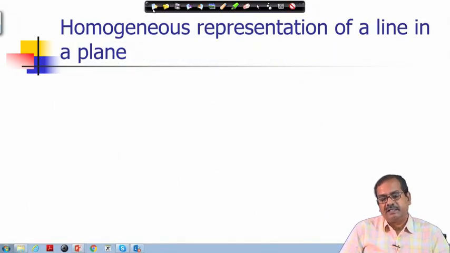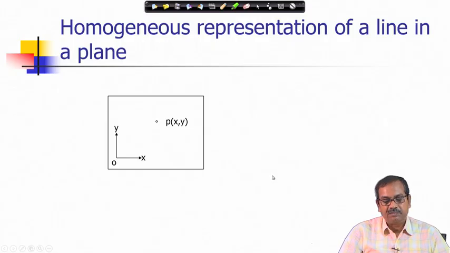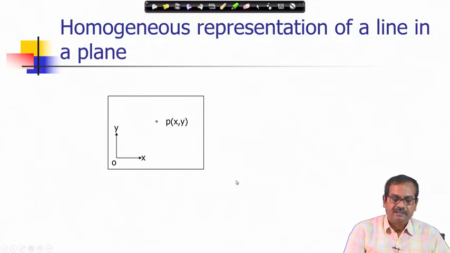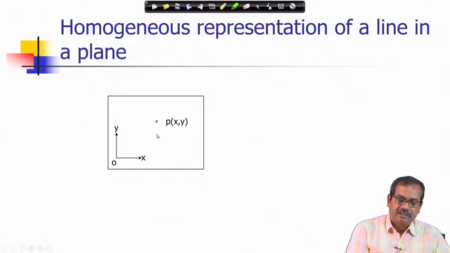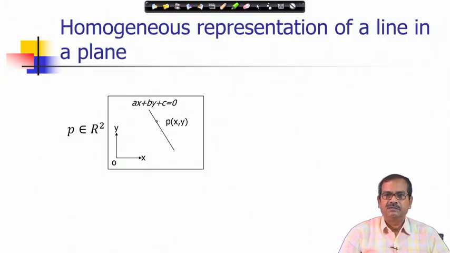Let us understand another fact, that is the homogeneous representation of a line in a plane, and let us see how lines are represented here. Say once again you consider a two-dimensional real space, and P is a point, and consider a line through this point, which is represented by our familiar straight line equation, Ax plus By plus C equals 0, where A, B, C we know are parameters of the straight line.